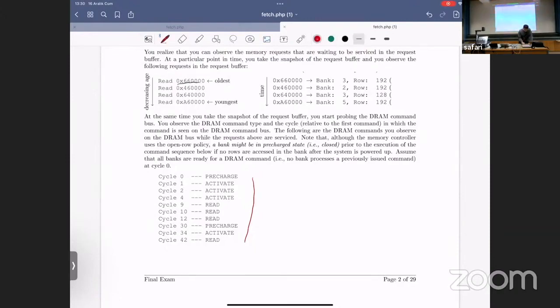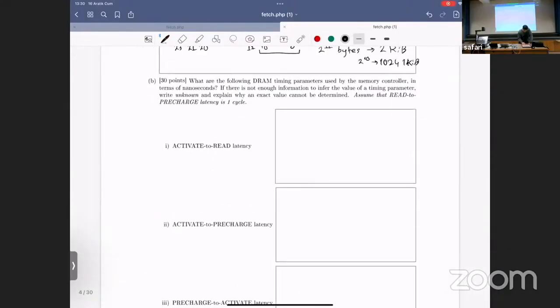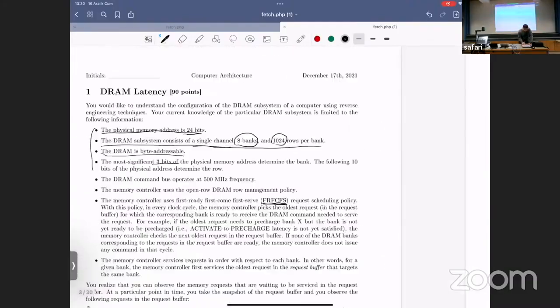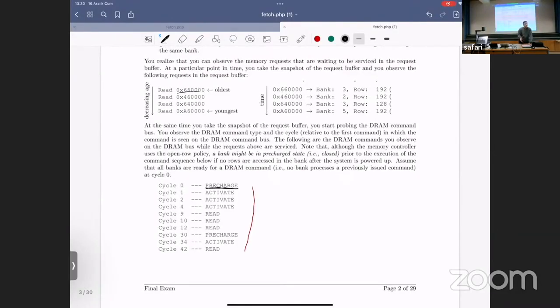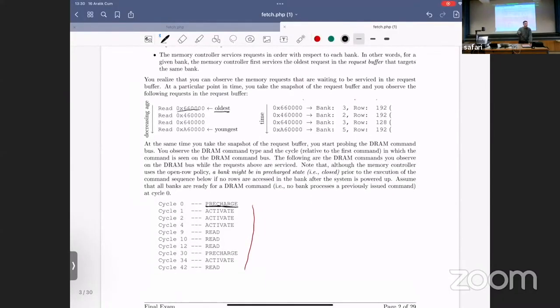Basically, let's look at the activate to read latency. In the first cycle we execute a precharge command. This has to be executed by the memory controller to serve the oldest request, and the reason for that is, again, we prioritize older requests.